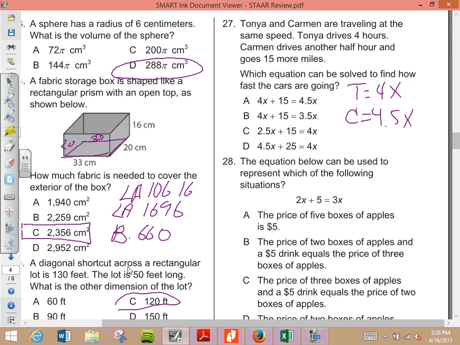Which one do you think is the answer? Okay, hang on. Go ahead. Why do you think it's B? Exactly. Yes.